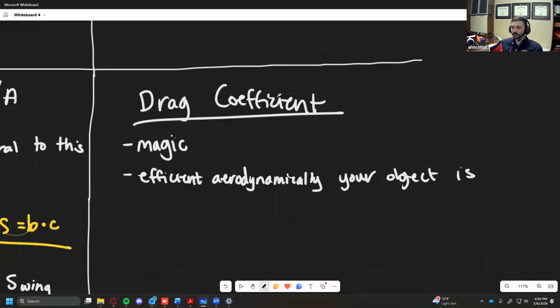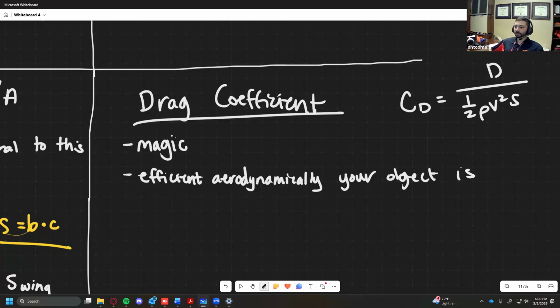And the way that CD is defined is quite simply drag over 1/2 rho v squared S. This is why I say it's a bit of magic, because in real life, you take an object that you don't know and you experimentally figure out how much force is acting on it due to drag. You divide that by 1/2 rho v squared S, and this gives you the magic number, which is your drag coefficient.